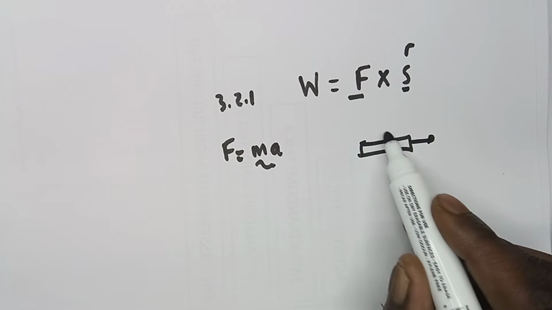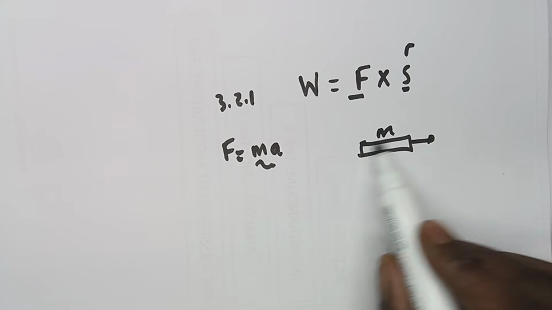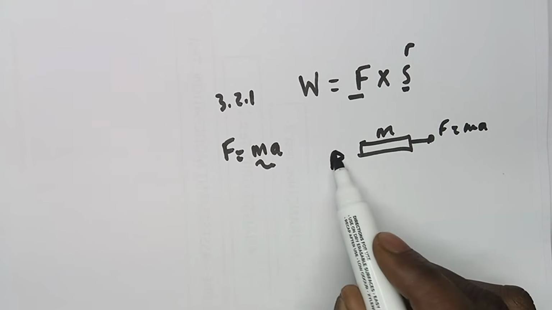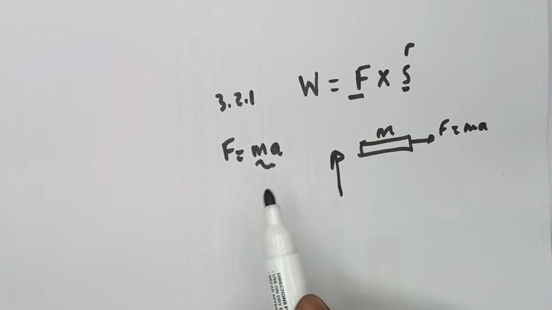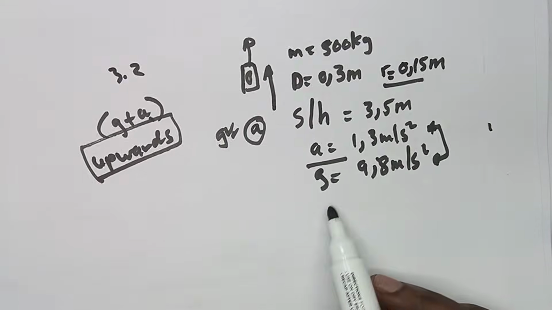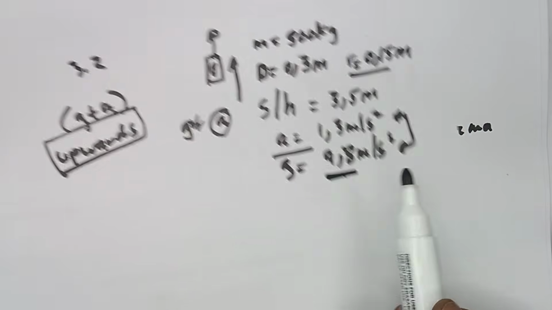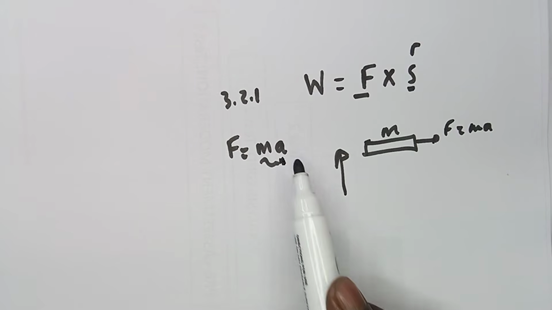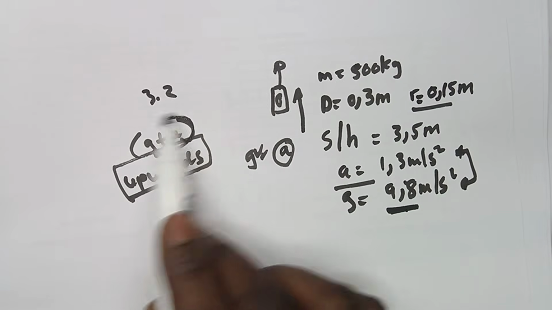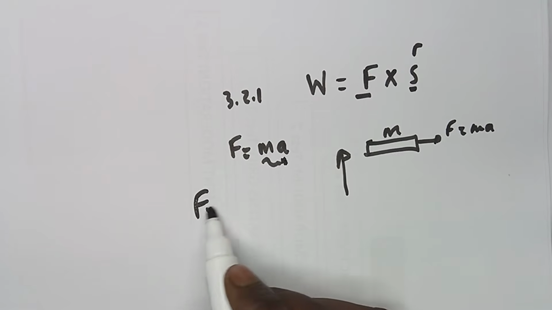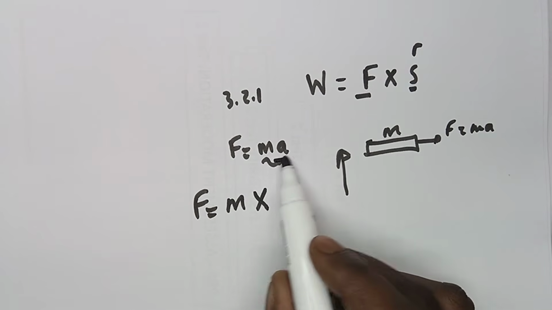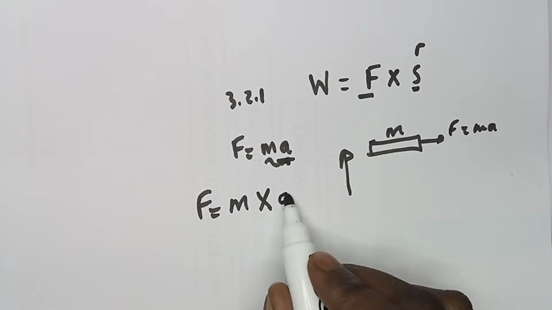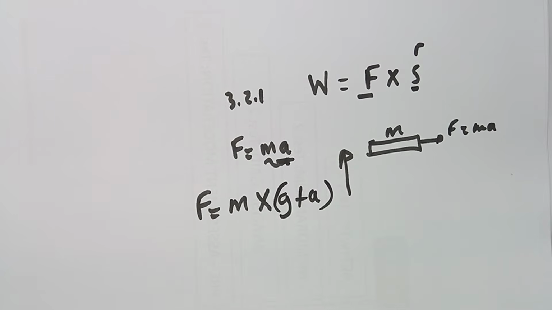You've got a body of a certain mass, so the force is going to be mass times what? Acceleration. But because this one is lifted upwards, there is going to be another acceleration, which is the gravitational acceleration. So in place of this acceleration, we shall have two things that you are going to add together. That means our force is going to be mass times the acceleration added together, that's g plus a. So that will be our force, guys.